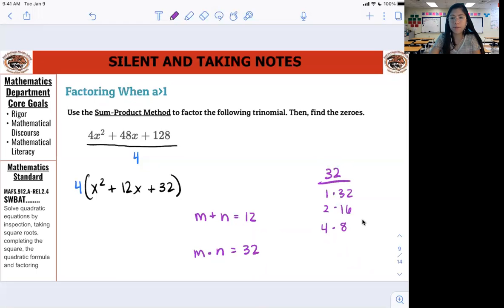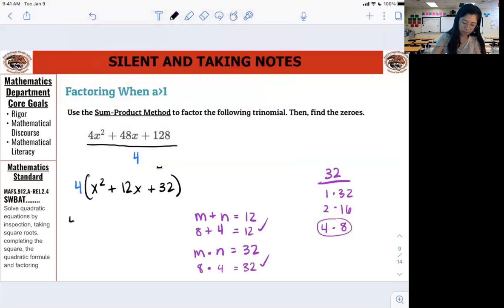And then you think, okay, which of these add up to 12? 4 plus 8 equals 12. 8 times 4 equals 32. All right, so those are my magic numbers. Let me put them in.